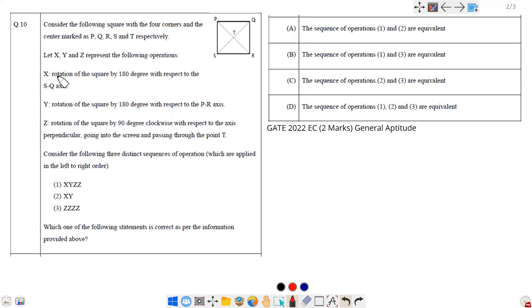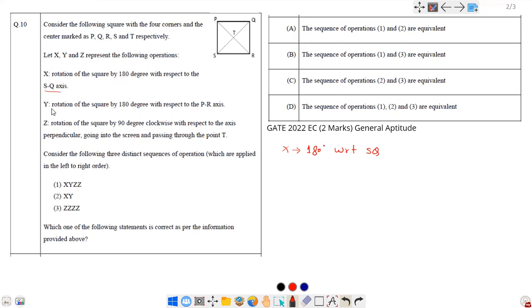The operation X is rotation of the square by 180 degrees with respect to the SQ axis. We have to rotate with respect to this SQ axis. P moves to this side and R moves to this side, because we have to rotate 180 degrees with respect to the SQ line. That means X is a 180 degree rotation with respect to the SQ axis.